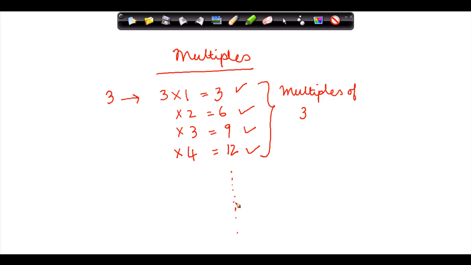So the number which is the product that comes out once you multiply 3 by all these is called a multiple of 3. And this list is endless. And one of the common things is that each of these numbers is exactly divisible by 3.